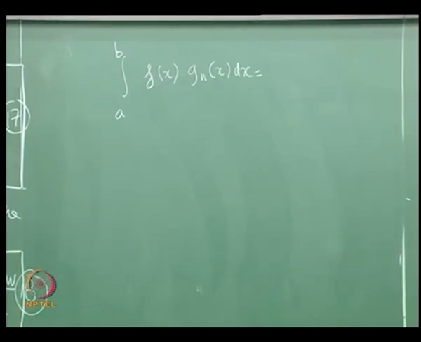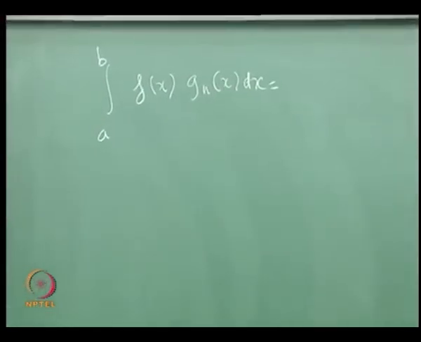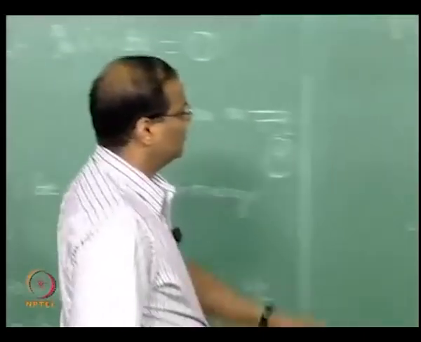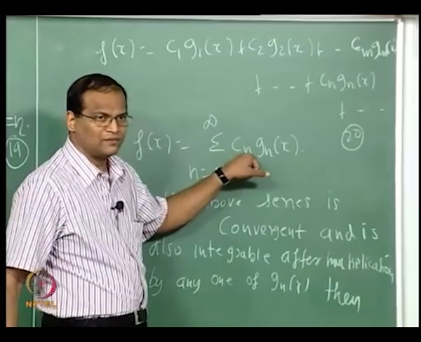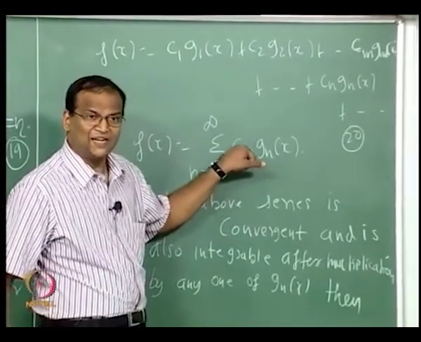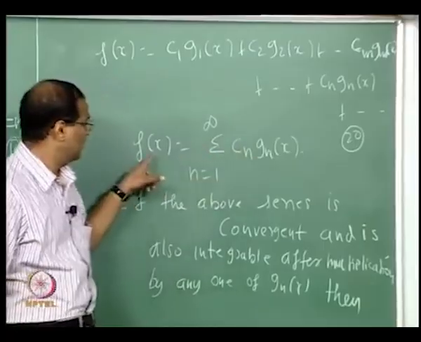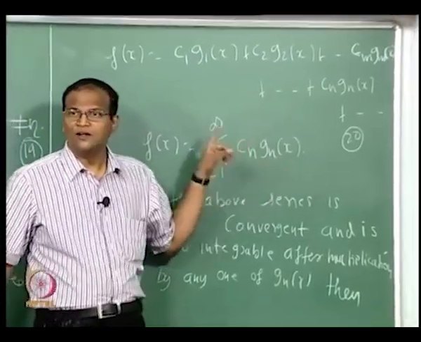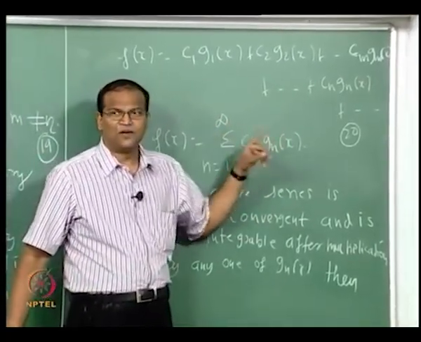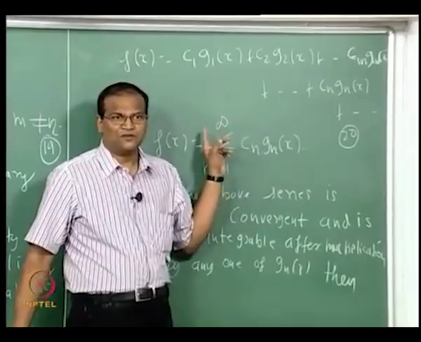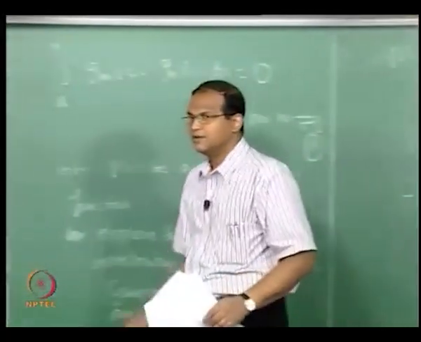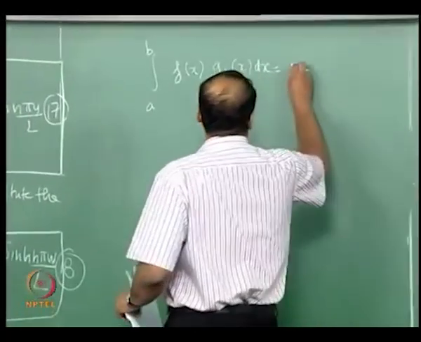integral f of x gn of x dx, I can replace the f of x by Cn gn of x. First term will be C1 g1, second term will be C2 g2, third term C3 g3. So this will be C1 and so on.